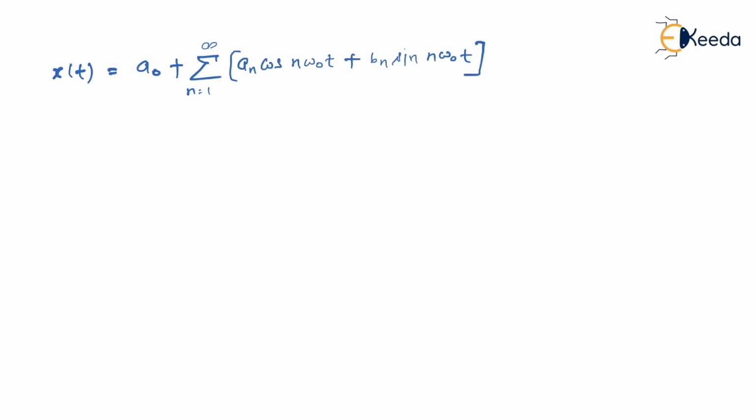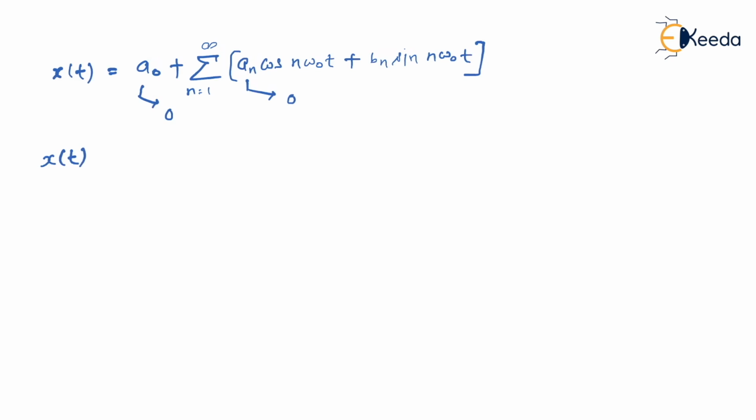Is that right? Let us write the final Fourier series. It says x of t is equal to a naught plus summation n equal to 1 to infinity, an cos of n omega naught t plus bn sine of n omega naught t. We have already learned in this problem that a naught value was 0, because x of t is an odd signal, as well as the value of an also results in 0.